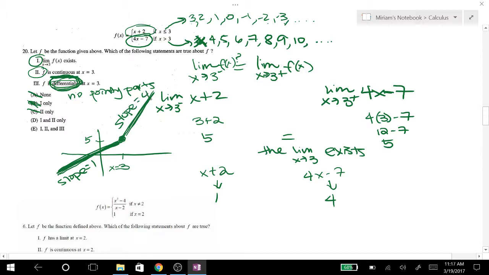And since they're linear, you're going to end up having a pointy part right here, and the slope on the left is different from the slope on the right. So it is not differentiable, because the f prime of x on the left, or the derivative, is not equal to the f prime of x on the right.